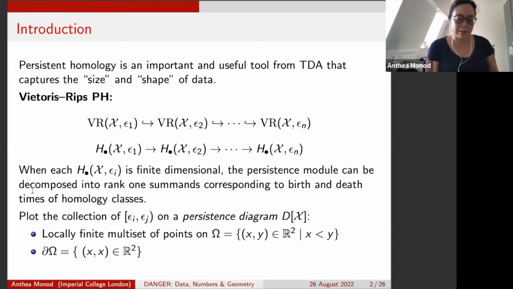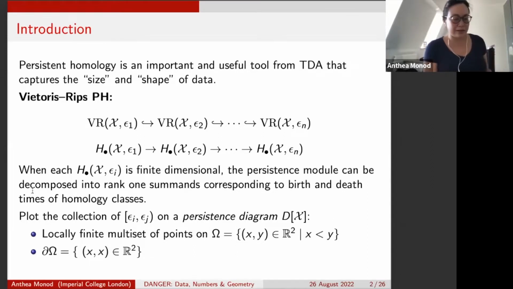At each parameter value, epsilon i, we compute the VR, the Vietoris-Rips complex, by adding a k-simplex for each collection of nodes that are closer together than our parameter value epsilon i. Here epsilon i we can think of as a kind of radius. Since the epsilon i's are increasing in value, we get a VR filtration as a nested sequence of these VR complexes.